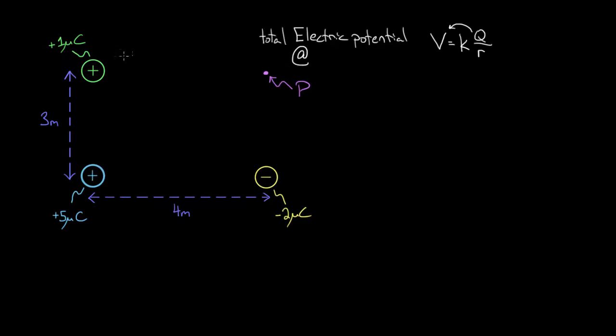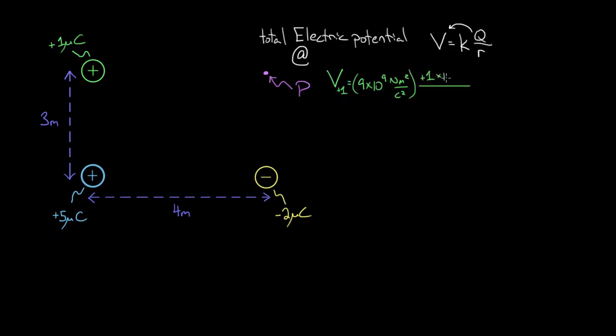And to do that, we can just find the electric potential that each charge creates at point P and then add them up. So in other words, this positive 1 microcoulomb charge is going to create an electric potential value at point P, and we can use this formula to find what that value is. So we get the electric potential from the positive 1 microcoulomb charge. It's going to equal K, which is always 9 times 10 to the 9th, times the charge creating the electric potential, which in this case is positive 1 microcoulombs.